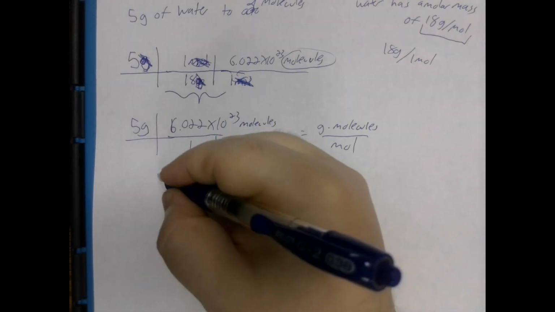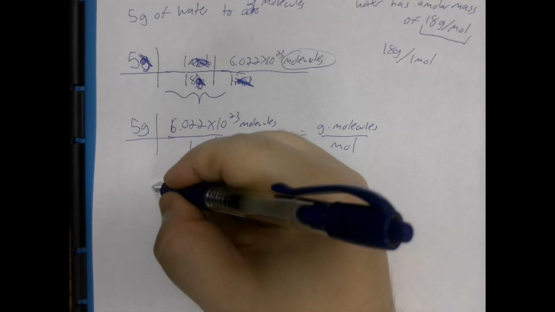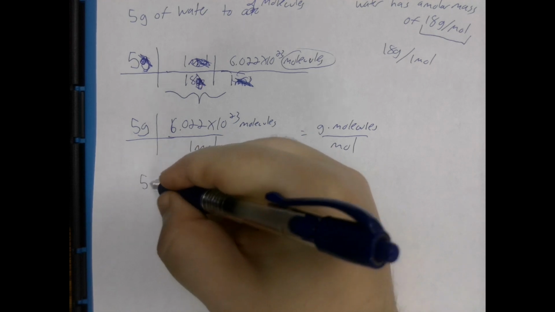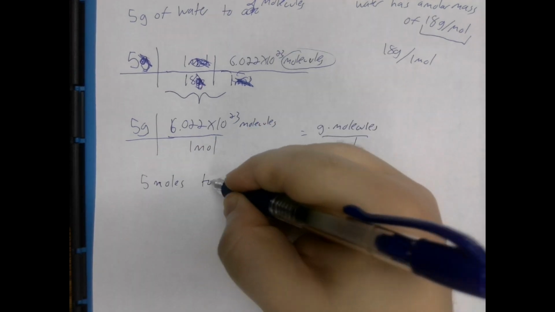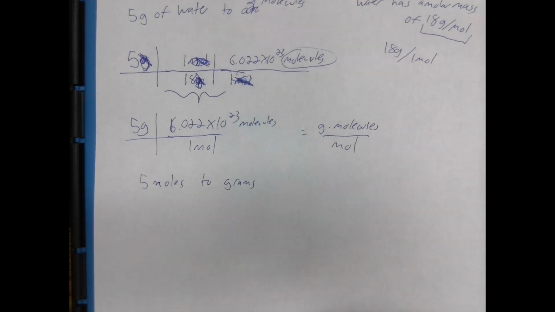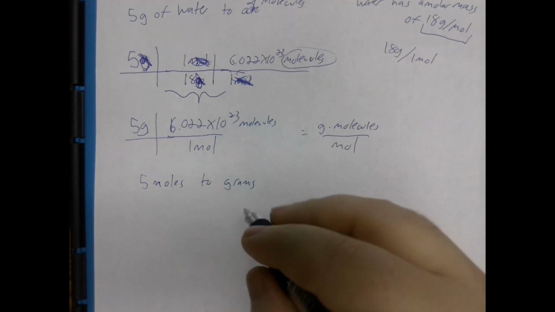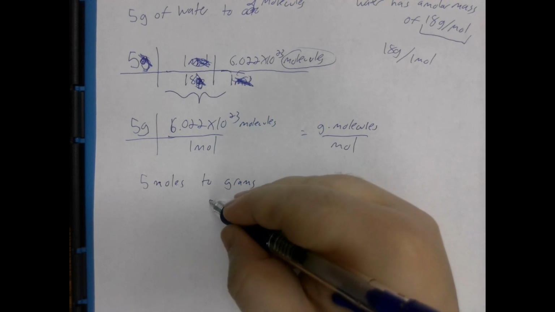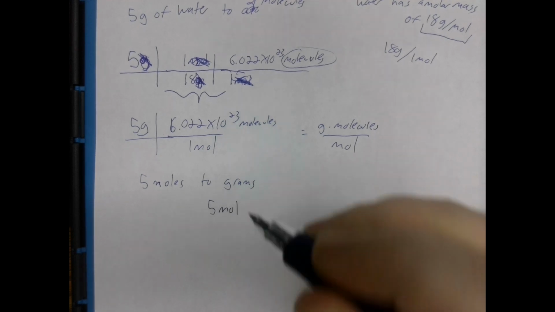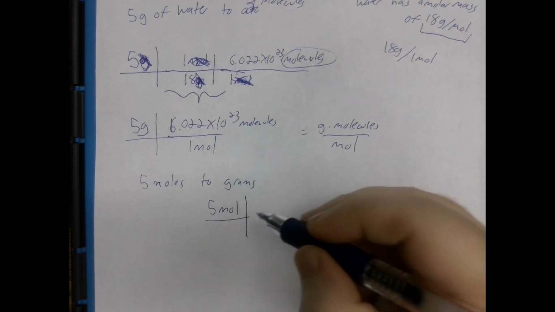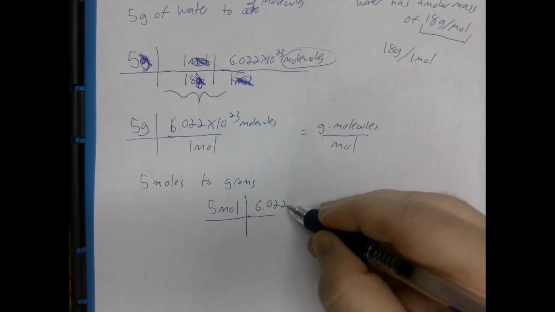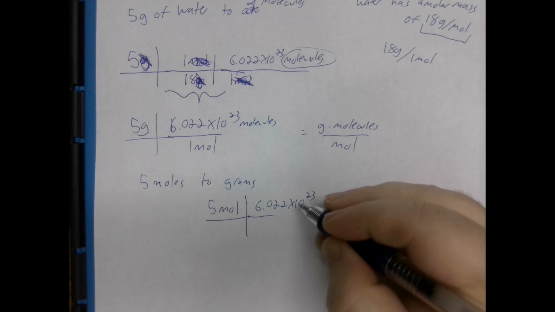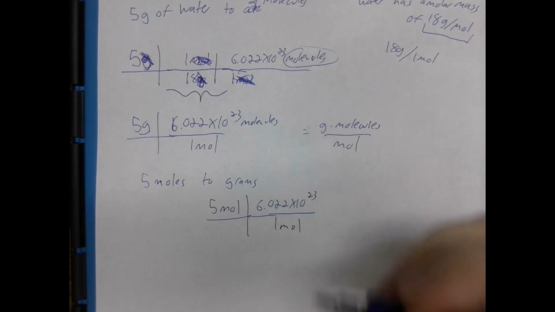Another example is converting moles to grams. Some people would do like 5 moles to grams. They do 5 mole. And then they come over here and put 6.022 times 10 to the 23 over 1 mole.